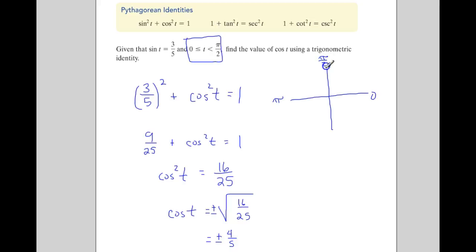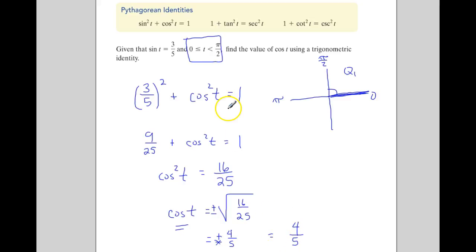Remember, 180 degrees was pi radians, so pi over 2 is 90 degrees. So between 0 and pi over 2 means we're up here in quadrant 1. Alright, and in quadrant 1, cosine, that's the x coordinate, remember that's x, is positive, so we don't have to consider the negatives. The cosine will be 4/5.